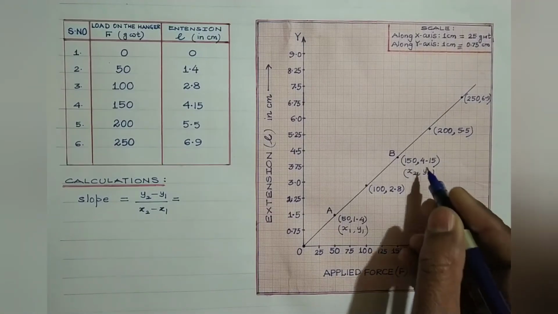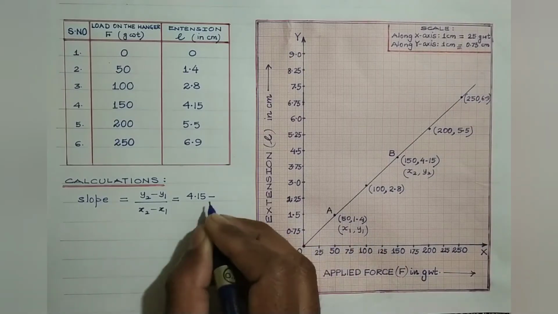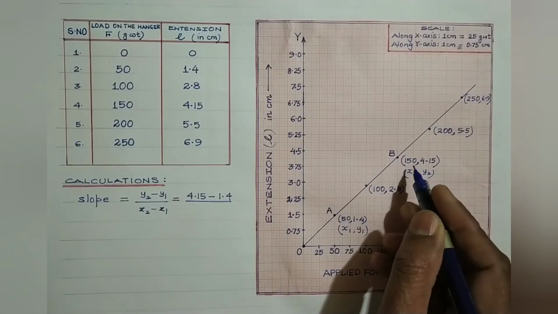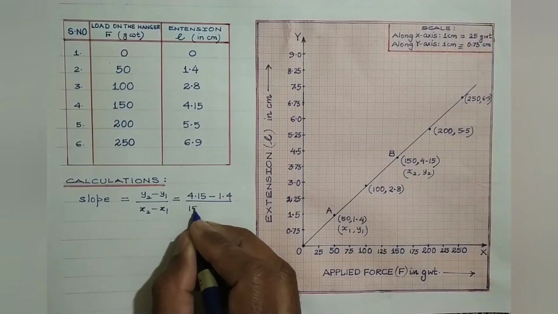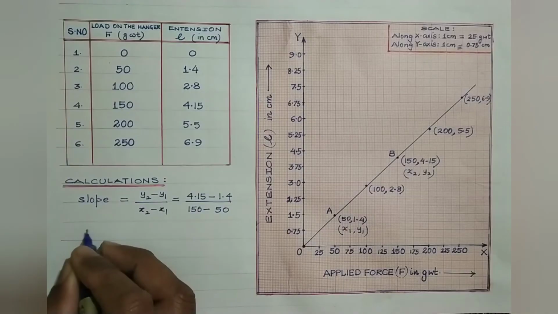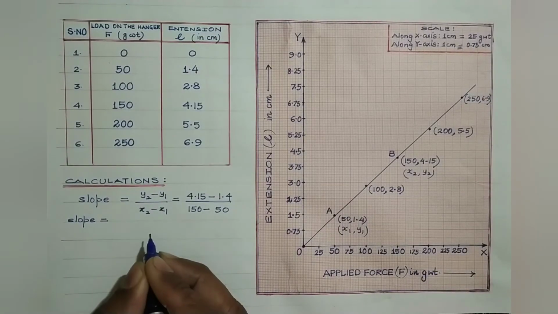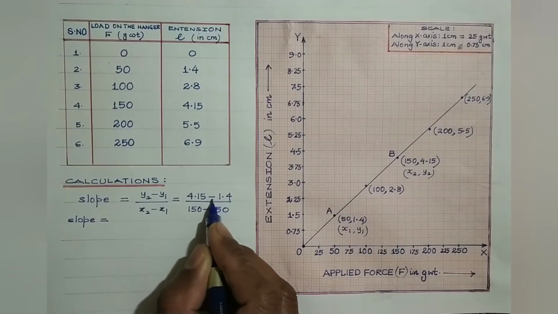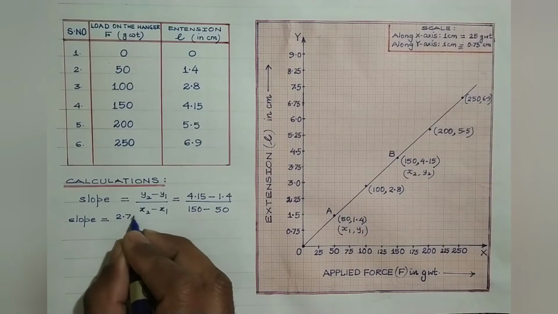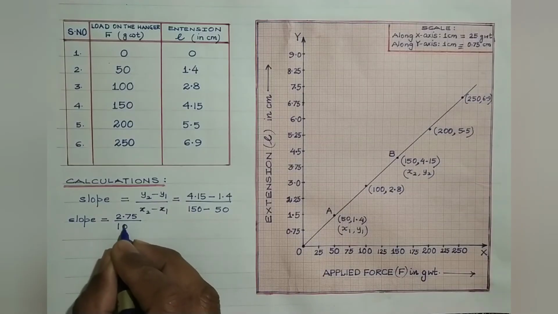So that comes out to be 4.15 minus 1.4 divided by 150 minus 50. So the slope is 2.75 divided by 100.